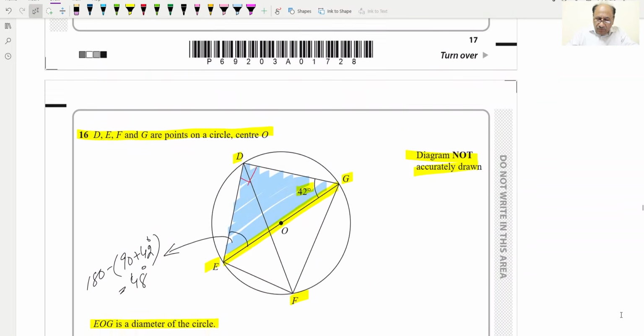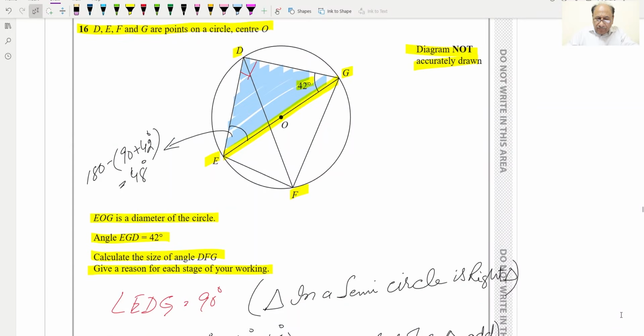Next, now we can find basically angle. If you check from the arc DG, DEG is a top angle and DFG is also a top angle. So this will also be 48 degrees.